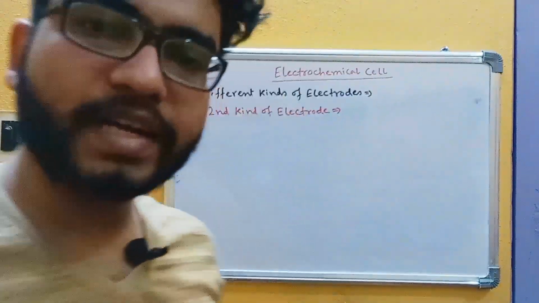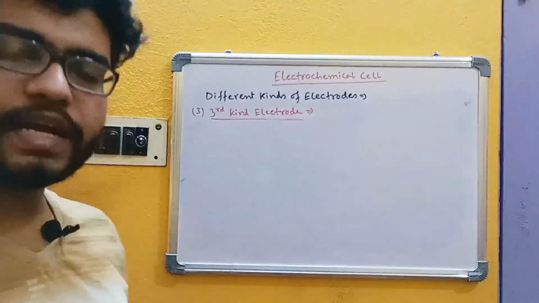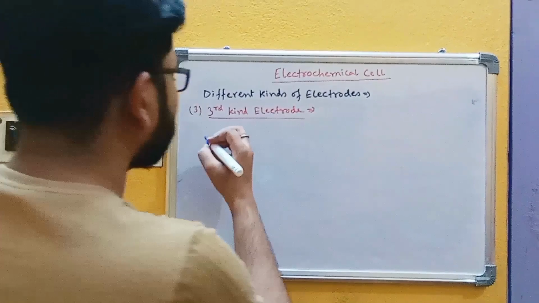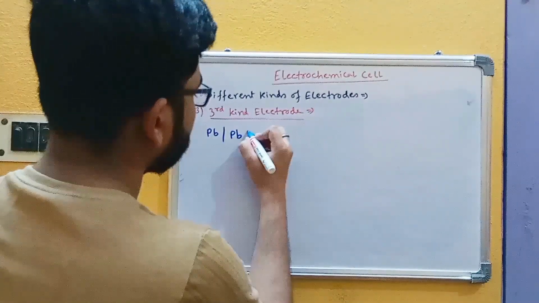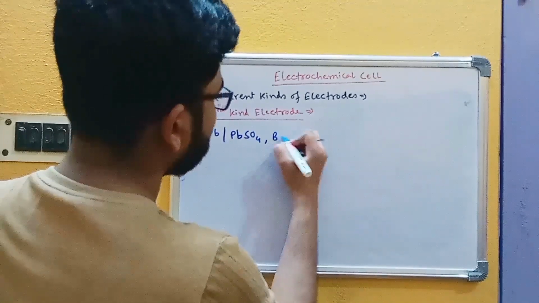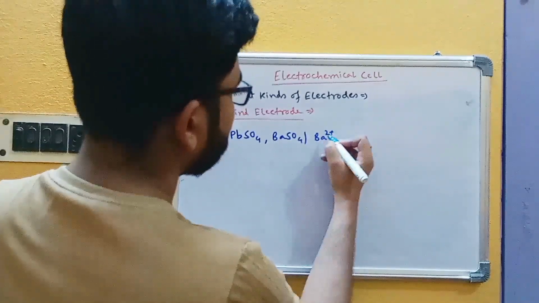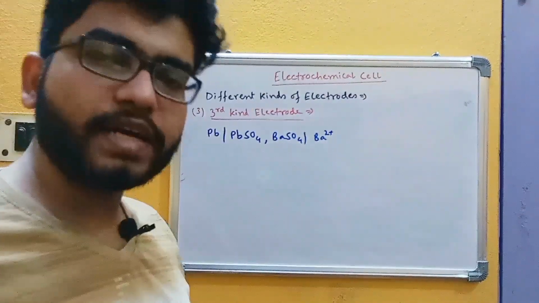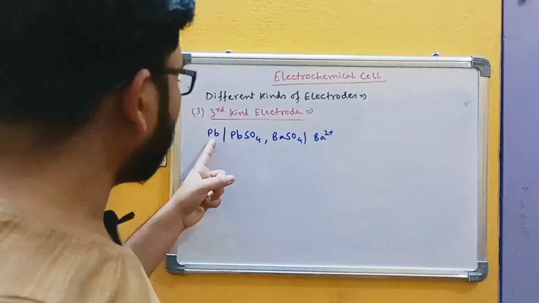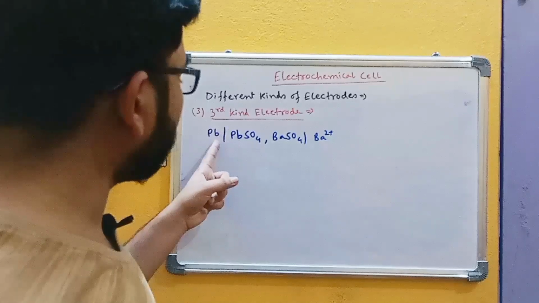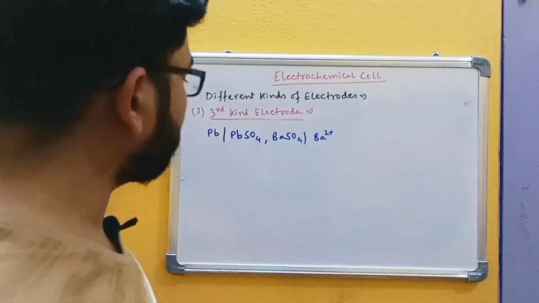Now we will discuss the third kind electrode. How the third kind electrode forms, we will show over here. That is, suppose Pb, PbSO4, BaSO4, Ba2 plus. So when we write any third kind electrode, we will take an alkali or alkaline earth metal and we take the insoluble salt of this metal, and we take another insoluble salt which contains the same anion, that is sulfate.